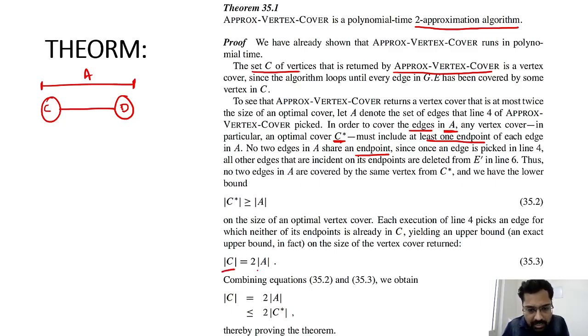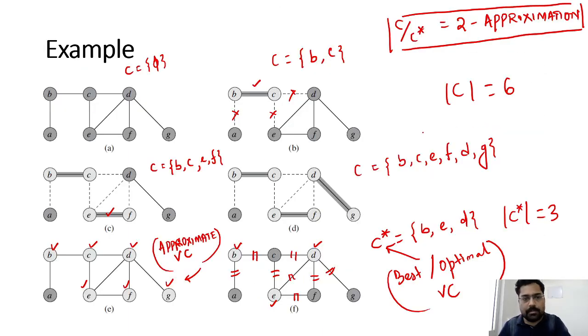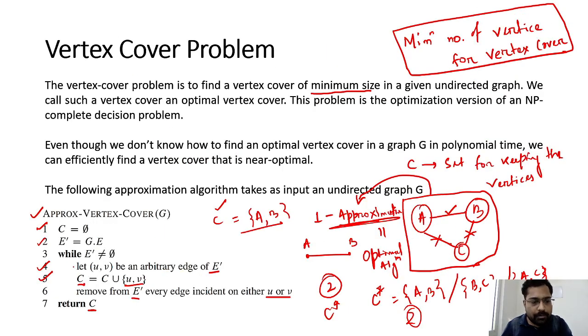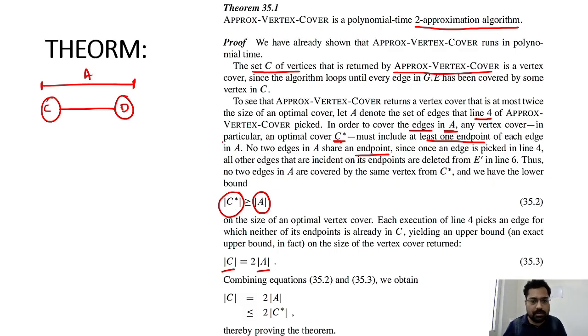This C and this one we'll first cover. So with C star and with A, what exactly do we have to do? For line 4, let U be an arbitrary edge. We just picked an arbitrary edge, which we discussed. Clear?